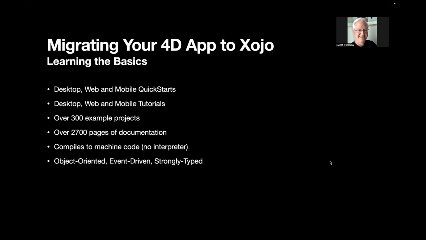Xojo is object-oriented, event-driven, and strongly typed. So I know that 4D has introduced some object orientation. Xojo, rather, has been object-oriented since day one. It's event-driven, so that means that controls and things, your UI, have events. Even some classes that don't have any UI are event-driven as well.